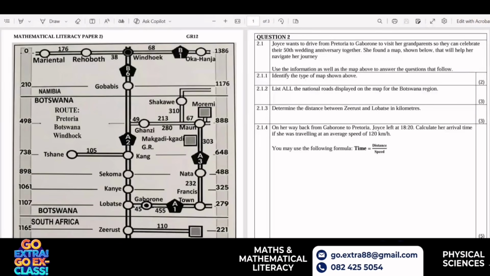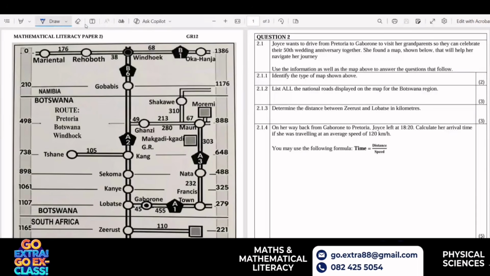Now here the question says identify the type of map shown above. Obviously it is this map here, the one that I've put this side. So what type of a map is this one?